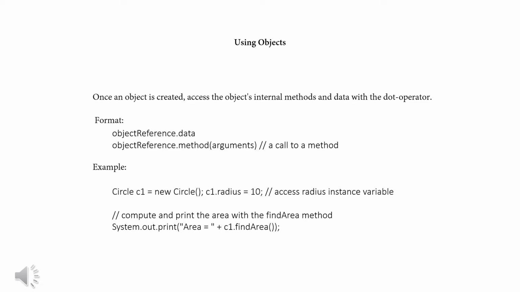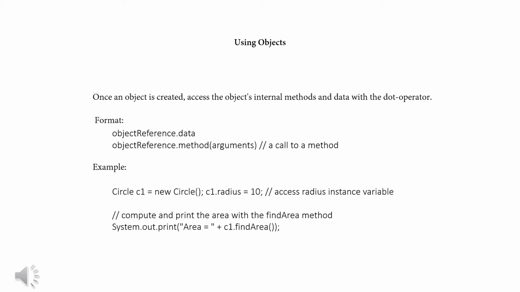So now if I want to access radius and assign a value to this variable, I can write C1.radius equals 10. So C1 is the name of that reference variable, right? Dot is the dot operator that I talked about. Radius is the variable inside the class.